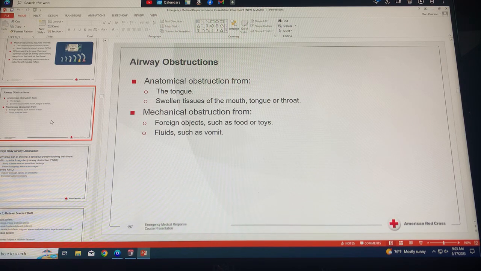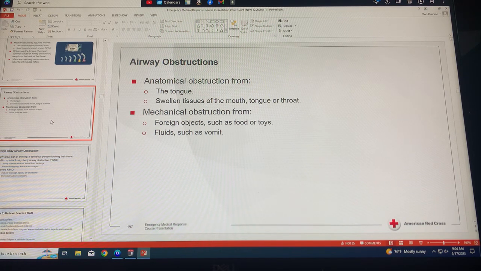Anatomical obstruction occurs when an airway is blocked by an anatomical structure, such as the tongue or swollen tissues of the mouth or throat. The tongue is a common cause of airway obstruction in an unconscious patient because the tongue relaxes when the body is deprived of oxygen, causing the tongue to rest on the back of the throat, blocking the flow of air to the lungs.